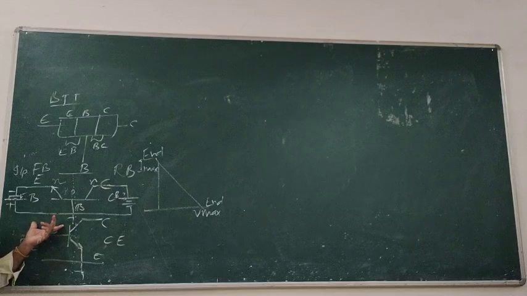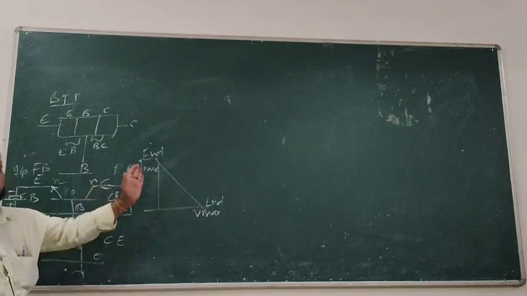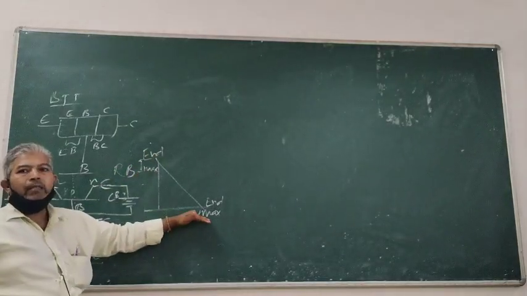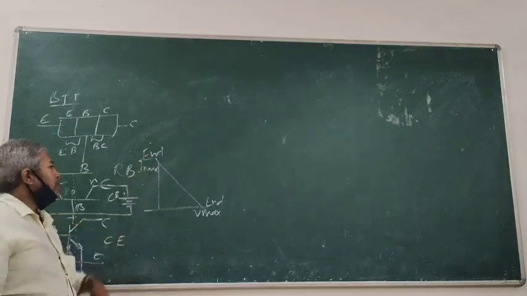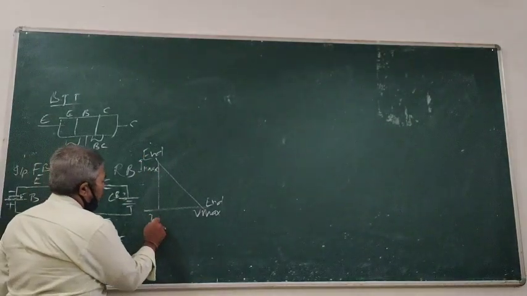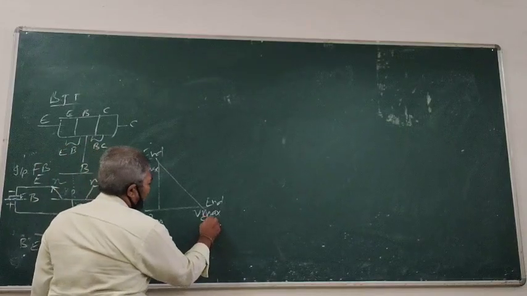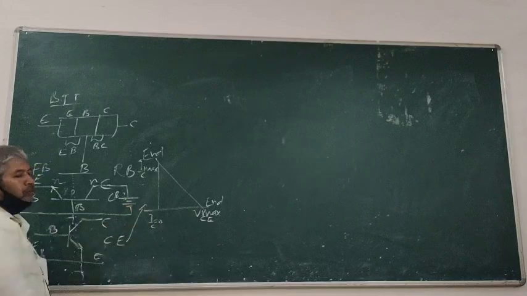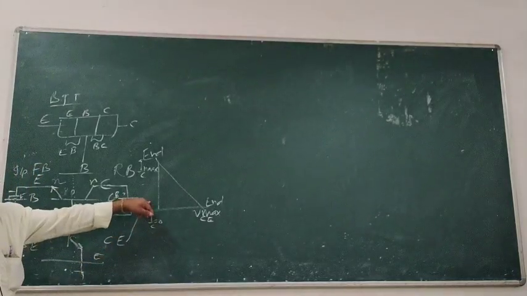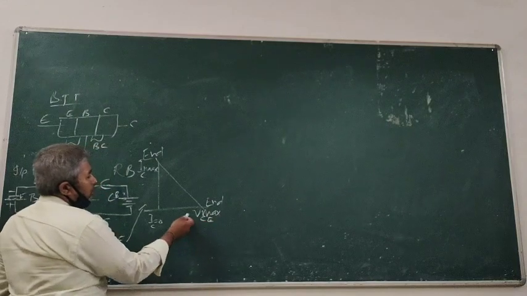Clear? So in order to take the output characteristics, you have maximum voltage and maximum current. Two things are coming. When the current I is equal to 0, we call this IC, VCE. For this one I am going to take IC versus VCE. When IC is equal to 0, VCE is maximum.